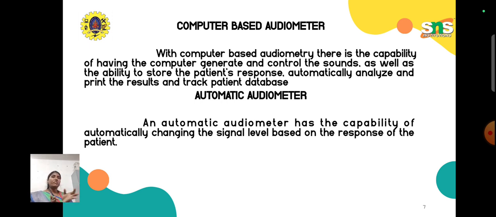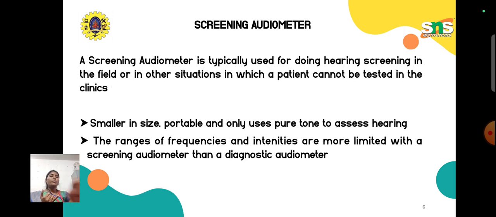That is the difference between the traditional audiometer and the automatic audiometer. So these are the basic classifications of audiometers: first, the diagnostic and clinical audiometer; second, the screening audiometer; third, the computer-based audiometer; and fourth, the automatic audiometer. Thank you.